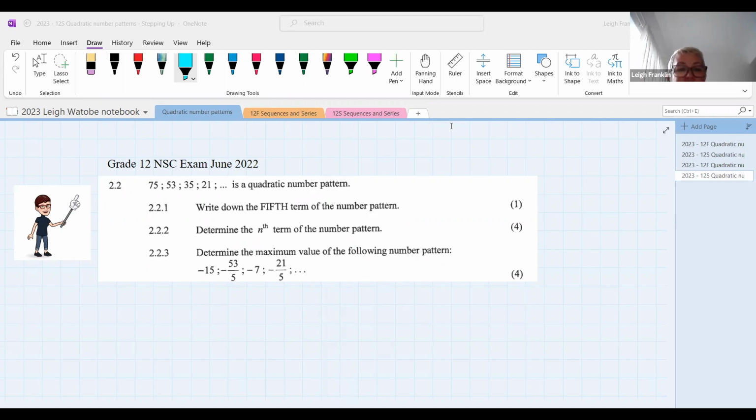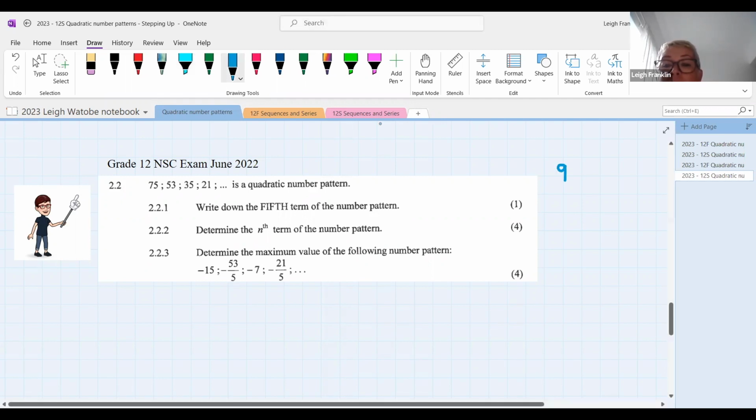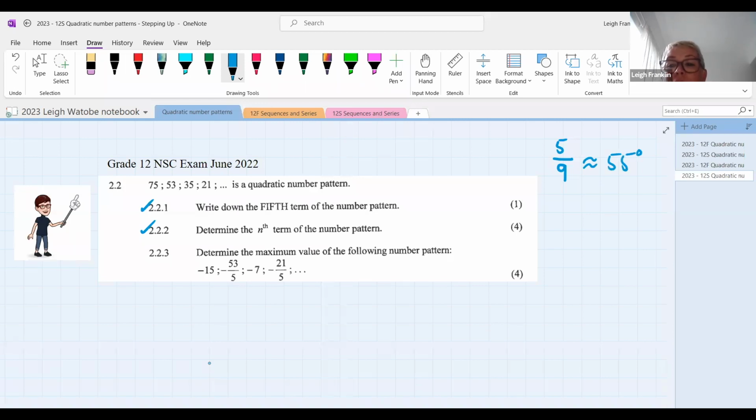So essentially here, the quadratic number patterns section in this matric paper came to a total of 9, right? If we can get this question right and this question right, that gives us 5 out of 9, which roughly translates to 55% for this particular question.